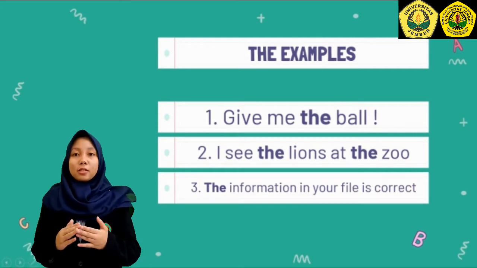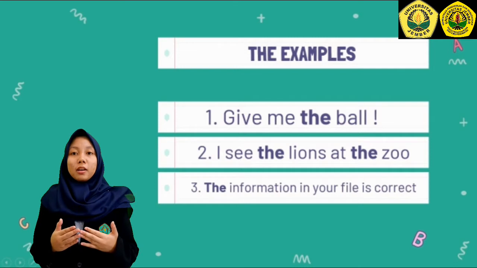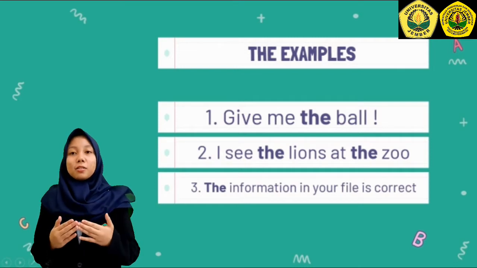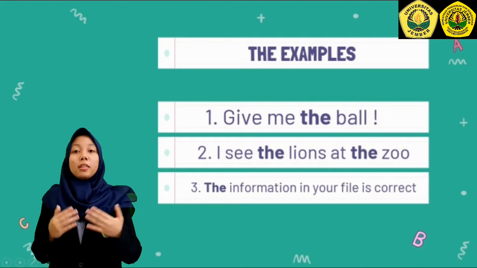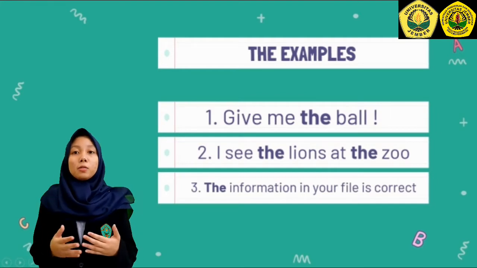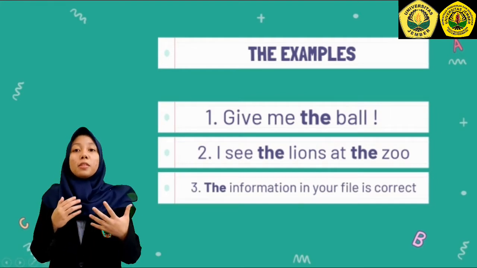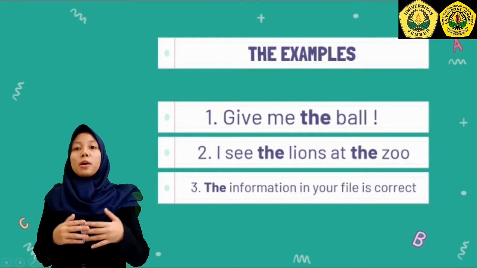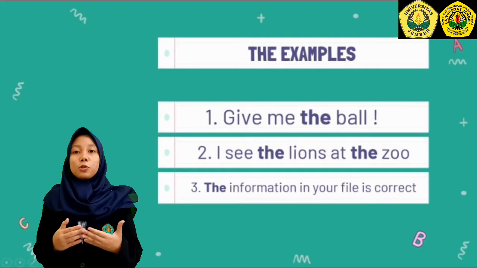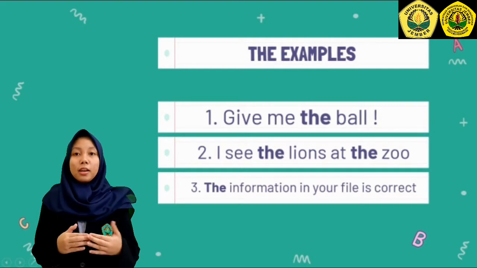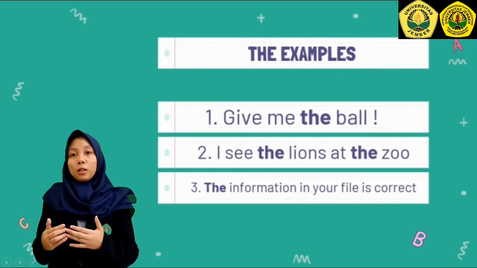So in this case, both you and your friend recognize that there is only one specific ball being referred to. That is the ball you are bouncing. And from that sentence, we also can recognize that the article the is used before singular noun, that is ball.